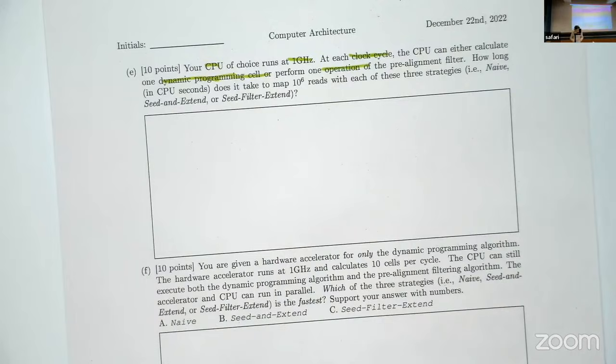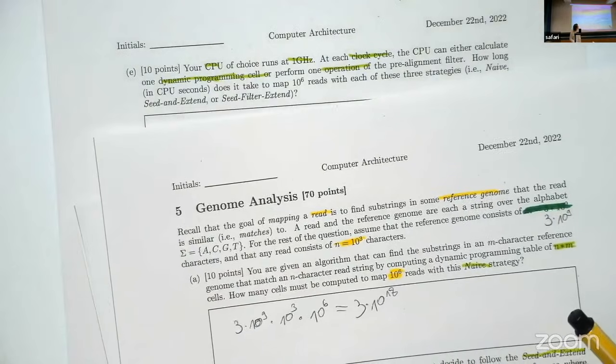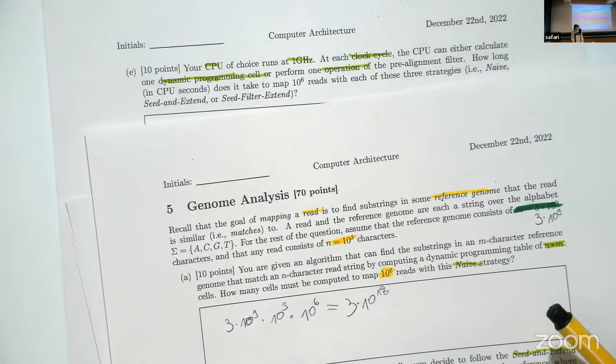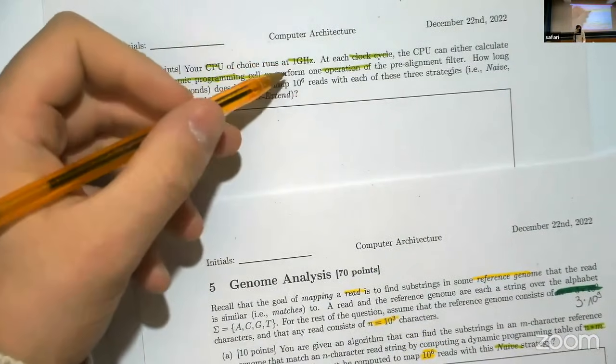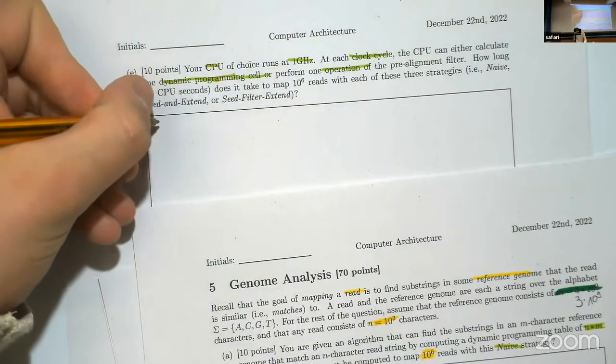So what you're supposed to do is calculate how long this takes in CPU seconds, and you simply take these numbers. For example, before you had 3 times 10 to the 18 dynamic programming cells to calculate. If your CPU runs at 1 gigahertz, that means it can do 10 to the 9 operations per second.